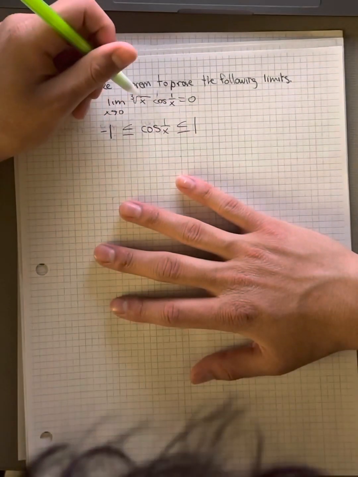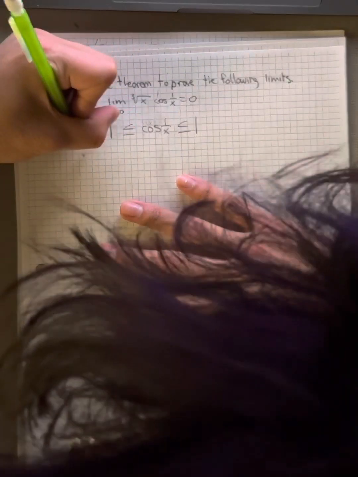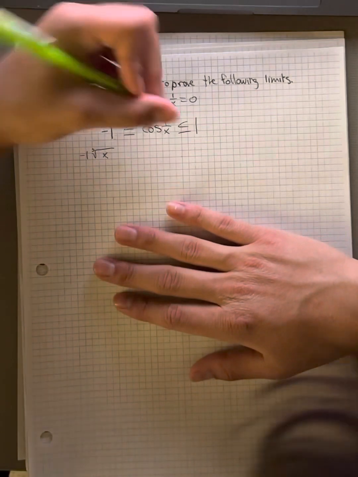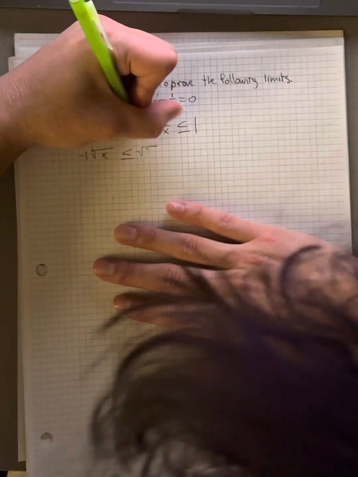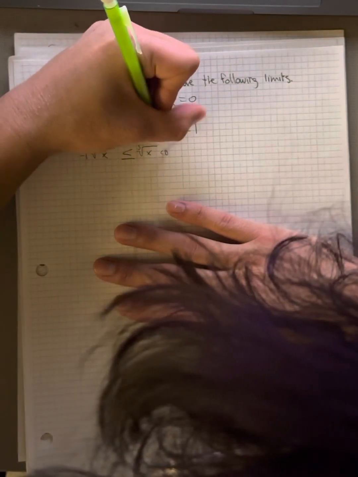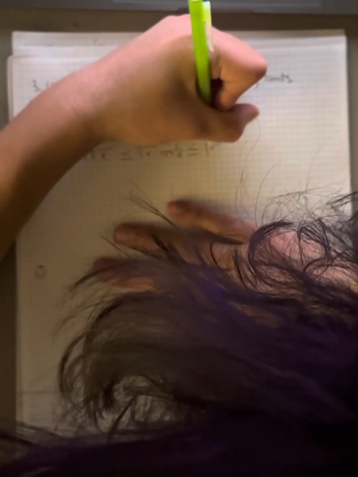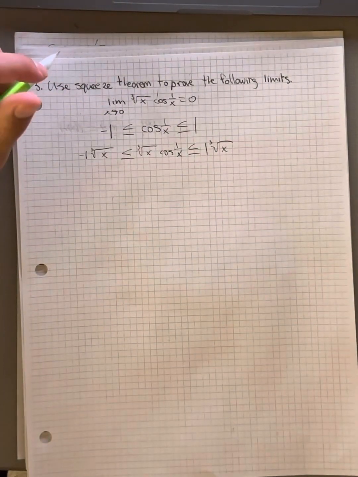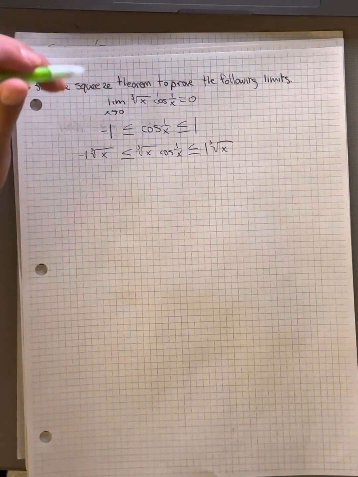So we just add in the next part of the function: -1 times the cube root of x is less than or equal to the cube root of x times cosine of 1 over x, which is less than or equal to 1 times the cube root of x.